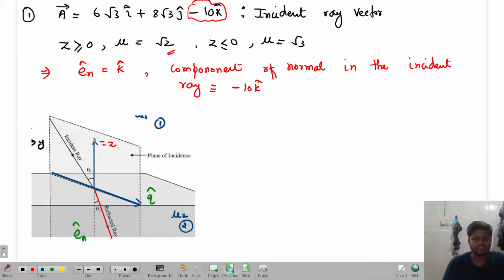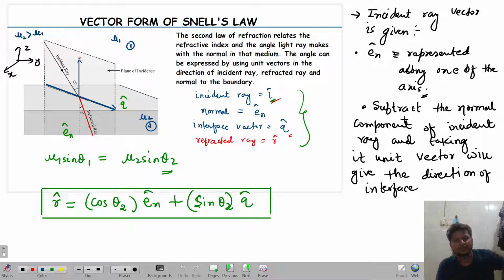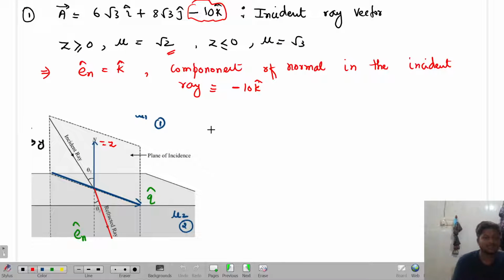So what is your second step? Look at this second step: subtract the normal component of the incident ray and take its unit vector, which will give the direction of the interface. To form the refracted ray equation, we need this direction of the interface. To find it, first form the q vector, because the incident ray is a vector quantity.